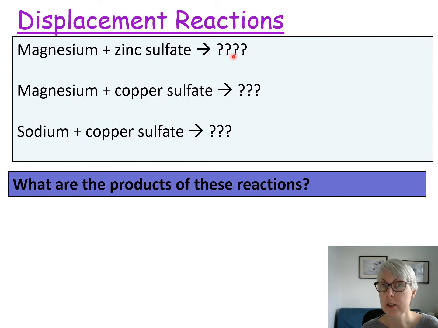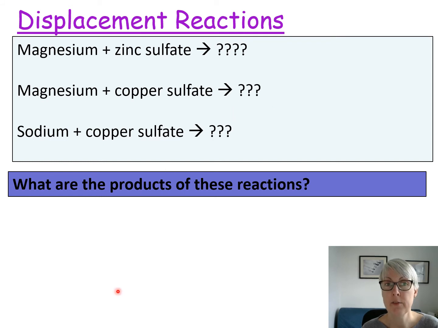And then your products, the things you are going to add in, must be to the right of that arrow. If you cannot fit these bits in the left side of the page, write them underneath each other. You can put your plus and write zinc sulfate underneath the magnesium if you need to. Just keep your reactants to the left and your products to the right.